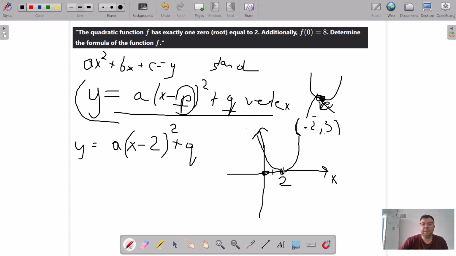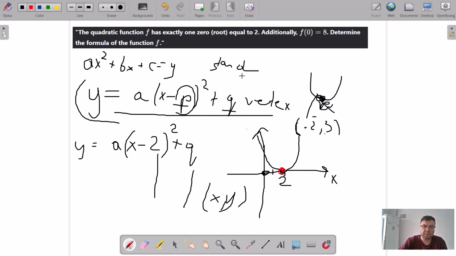So we know that this vertex has x equals 2 and it has q equals 0, because q is the value of y. So it's x and y. This is our x comma y, the coordinates of the vertex, which we see here.